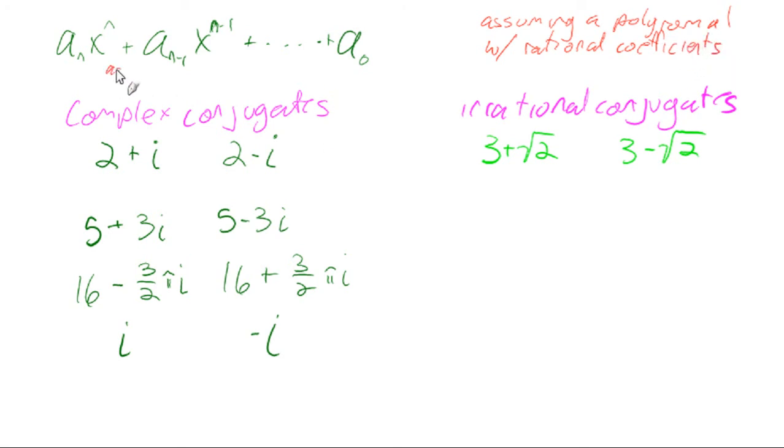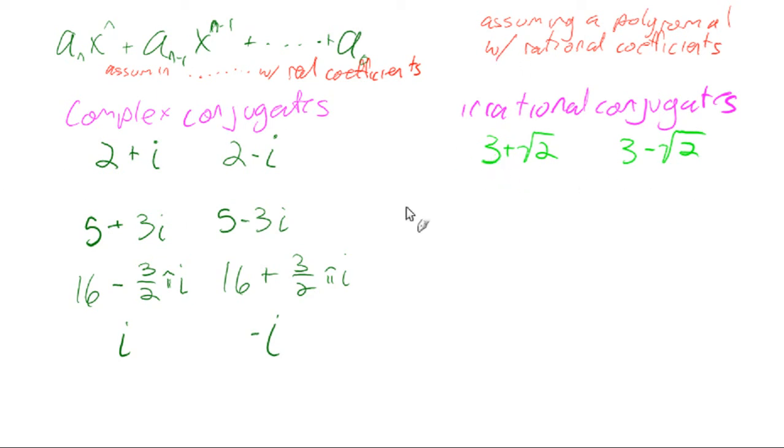This one's assuming a polynomial with real coefficients. See, I did it again. Okay. So assuming that you have a polynomial with rational coefficients, which has been every polynomial we've ever done, if this is a zero, so is this.